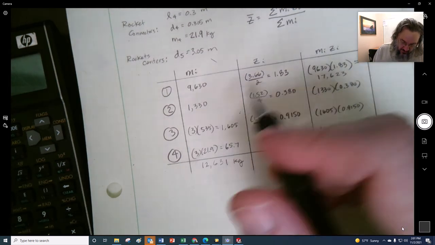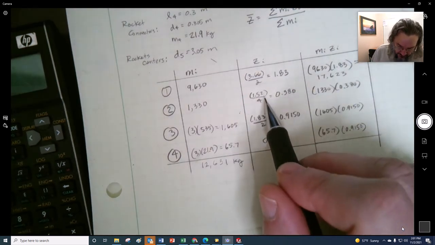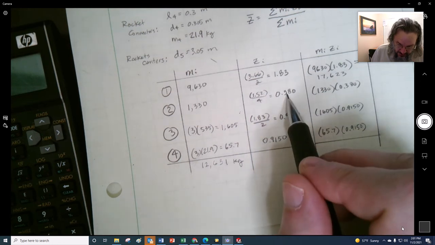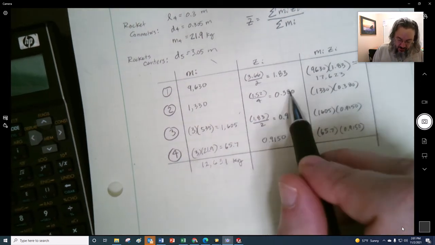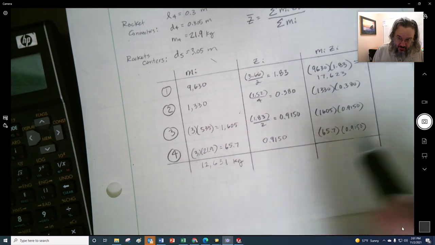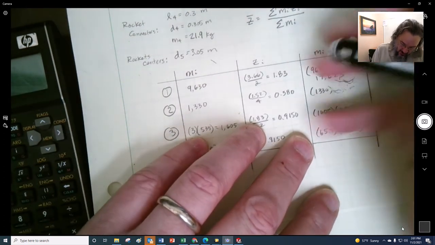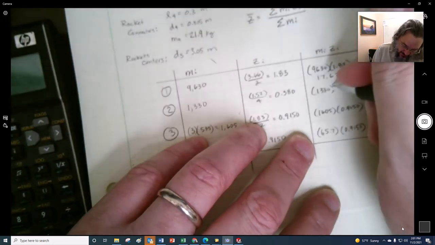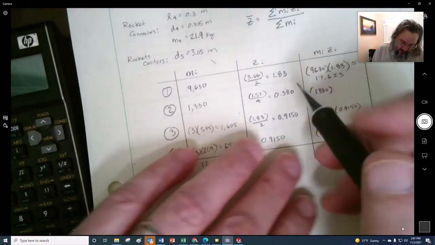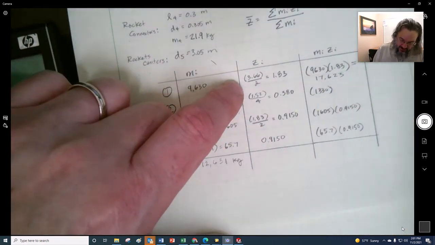No. Oh, I made a mistake here. This was just from the height of the cone. I need to take it from the same spot, so it needs to be from the base. So I need to actually add 3.66 to it.